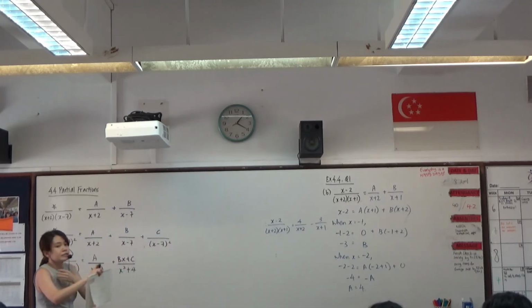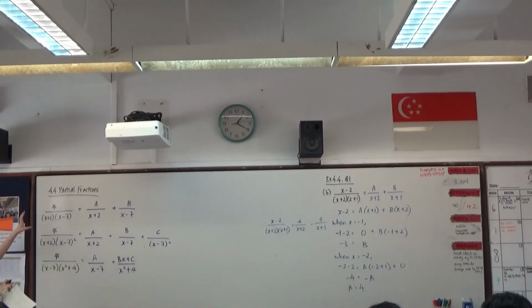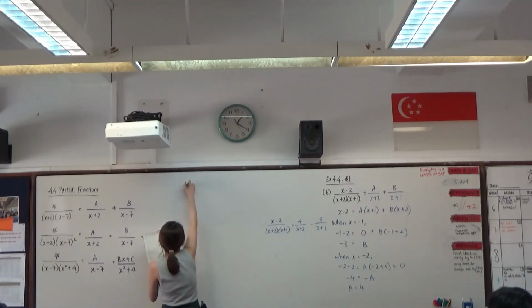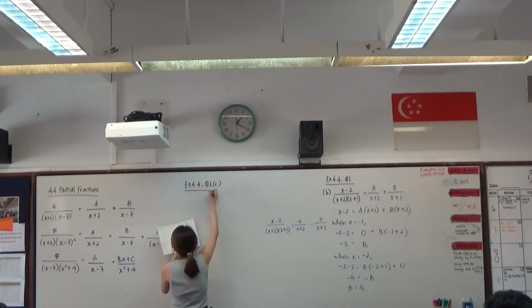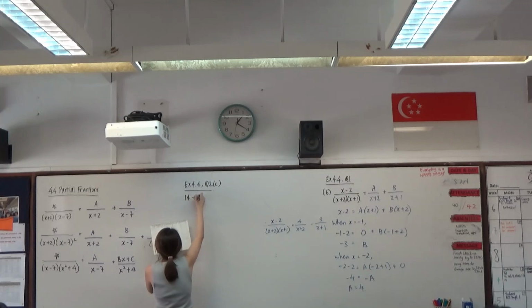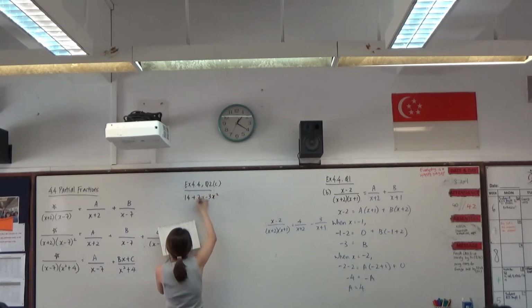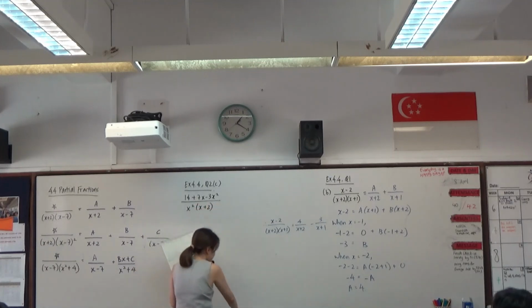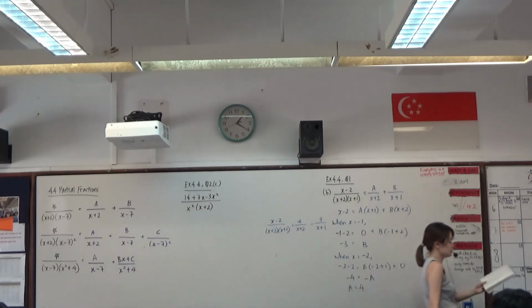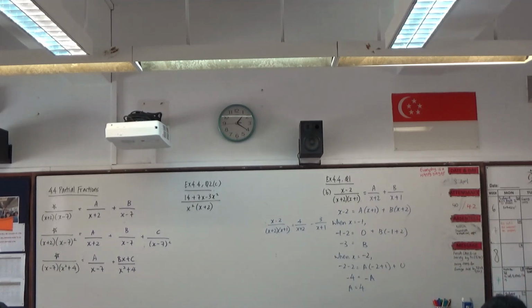Okay? So in our last lesson, we looked at examples pertaining to type 1. I also ended off in the last lesson looking at questions according to type 2. Just for us to recall, let's look at exercise 4.4, question 2, part C, where we are given 14 plus 7x minus 3x squared over x squared times x plus 2.